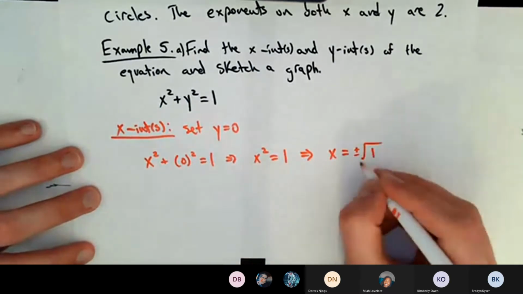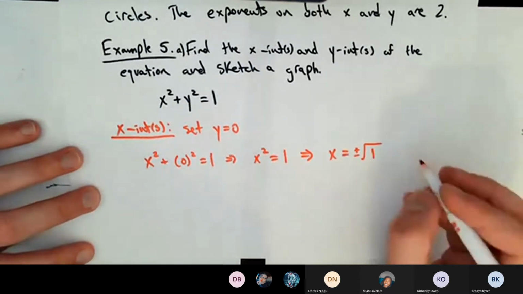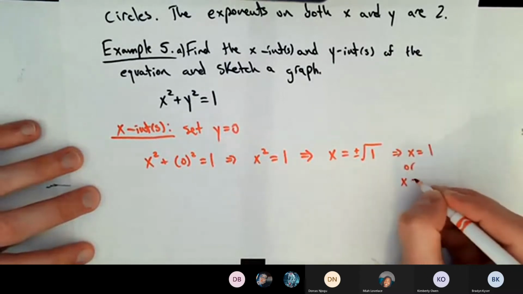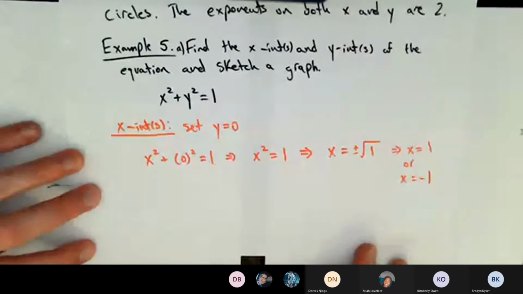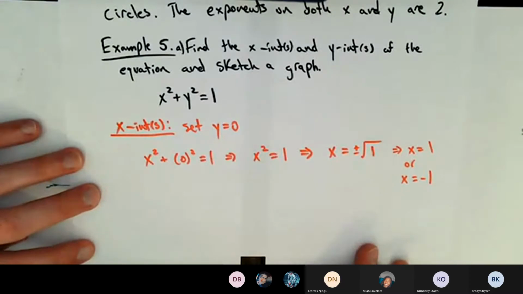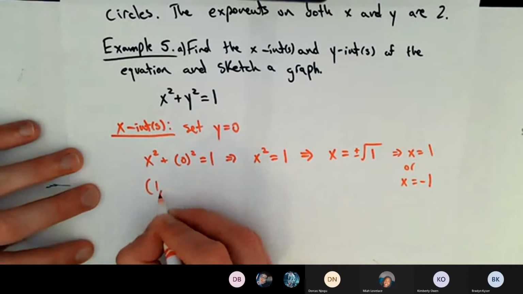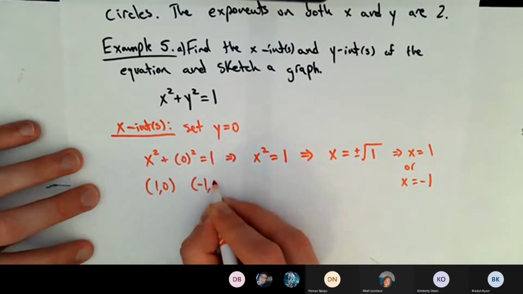And since this can be reduced, the square root of 1 is just 1. I can say x is 1 or x is negative 1. Okay, and that's giving me the 2 x-intercepts, (1, 0) and (negative 1, 0).